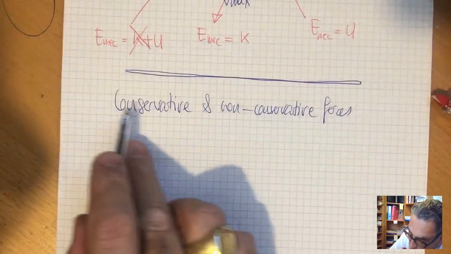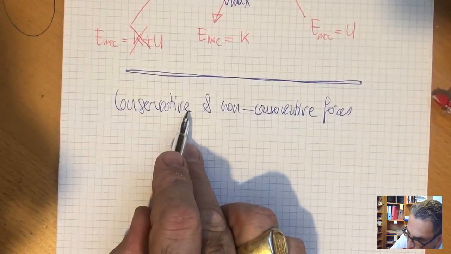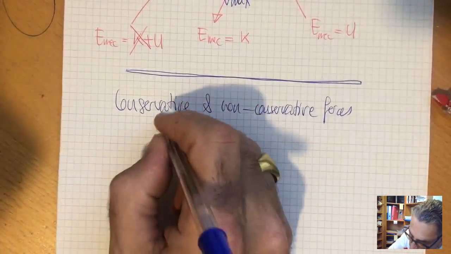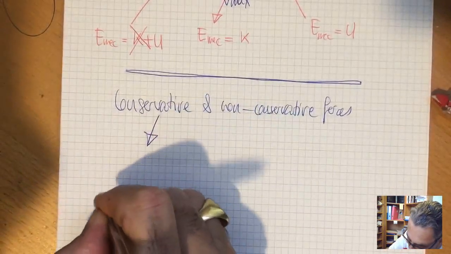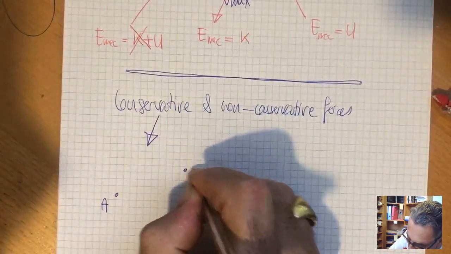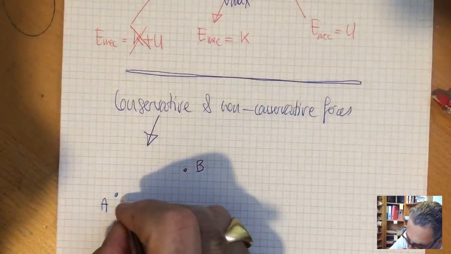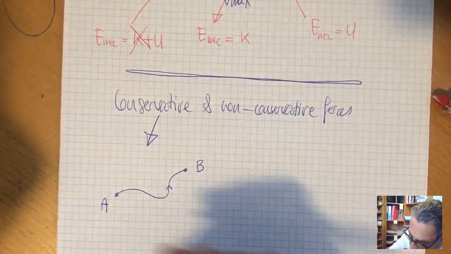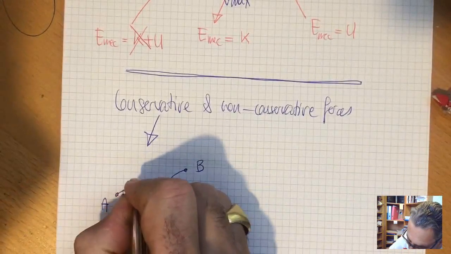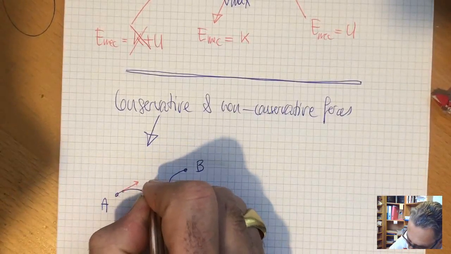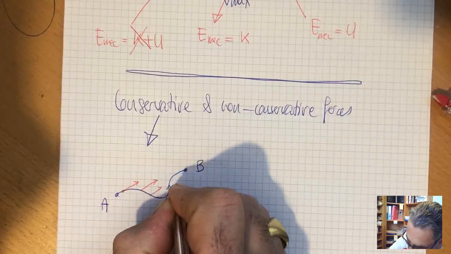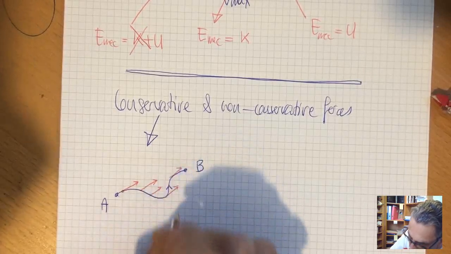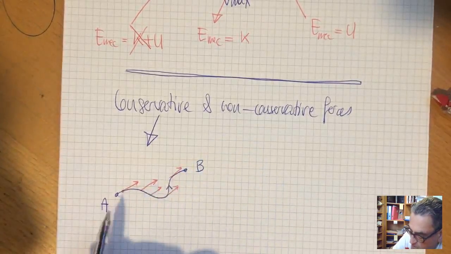What is this? When you have a conservative force, and you go from point A to point B, okay, you follow some path, and let's assume there is a force which acts in a constant manner over the object that you are displacing.